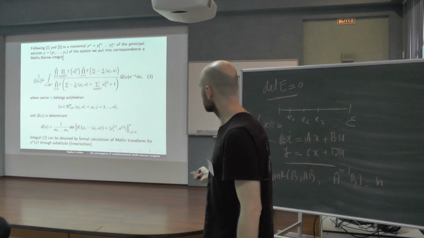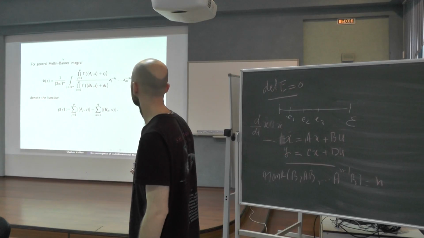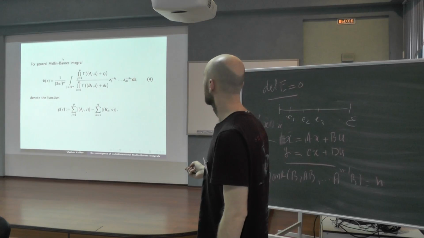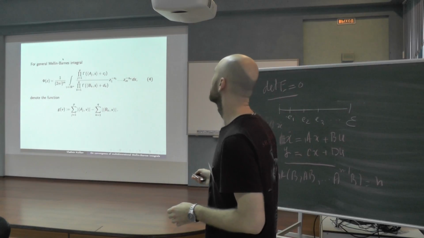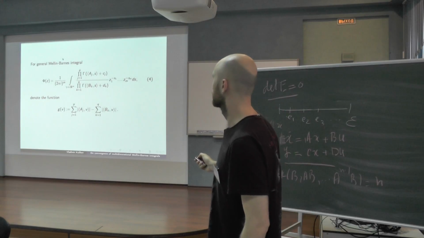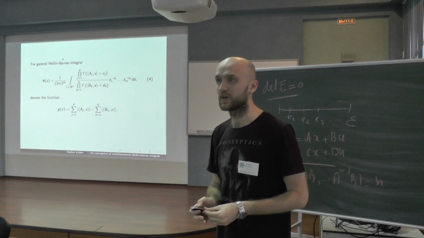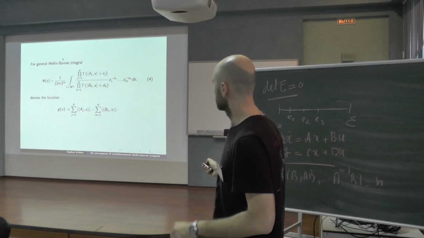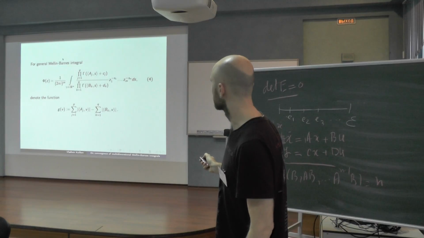Let's show two facts which we use in our paper. For a general Mellin-Barnes integral phi of z of this form, denote the function g. This function is a partially linear function defined by arguments of gamma functions in this integral.